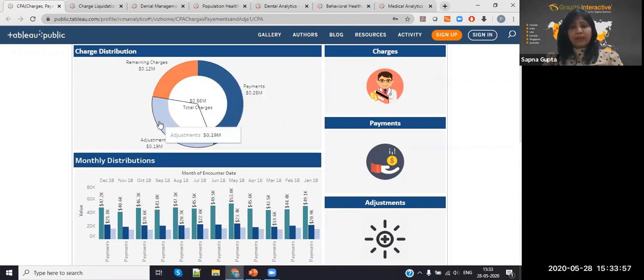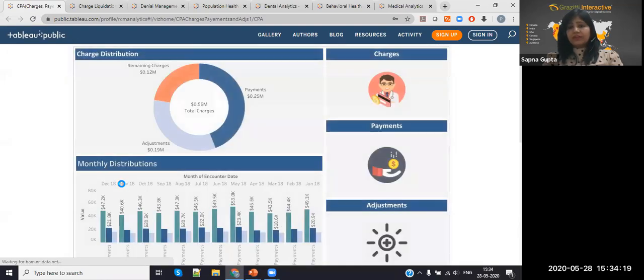In this case, you now have a consolidated dashboard with charges, respective payments, as well as adjustments for a given fiscal year. In this dashboard, the top pie chart is showing the annual distribution of charges, payments, adjustments for the specific fiscal year. Also, you can keep a track of the remaining charges which are there in the center of this donut chart.